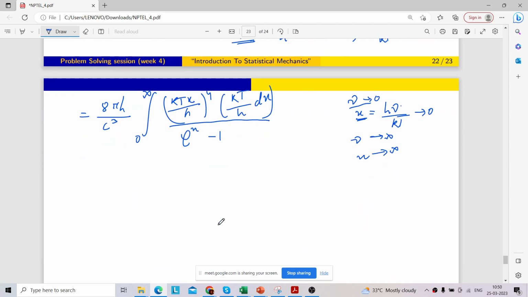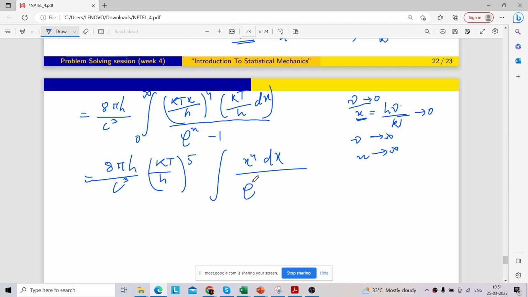We see T is independent of this integration, so we can take out all those parts. This will be 8 pi h over c cube, then kT over h, here I have 4 and 1 from here, so this will be to the power 5, and the integration over x to the power 4 dx divided by e to the power x minus 1, with the limit from 0 to infinity.